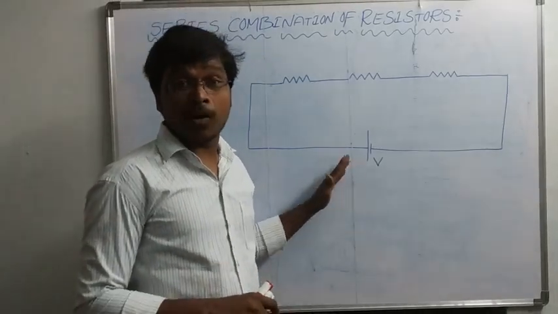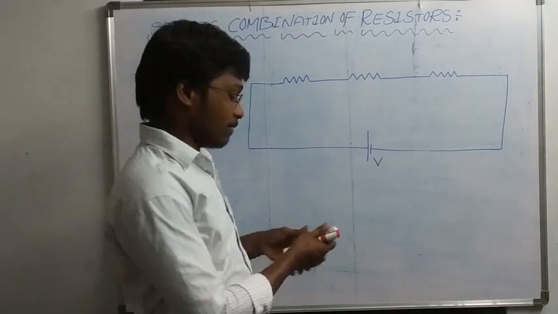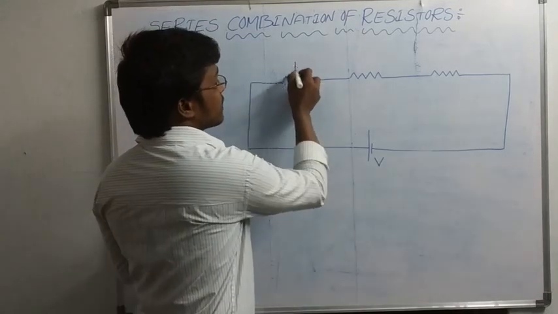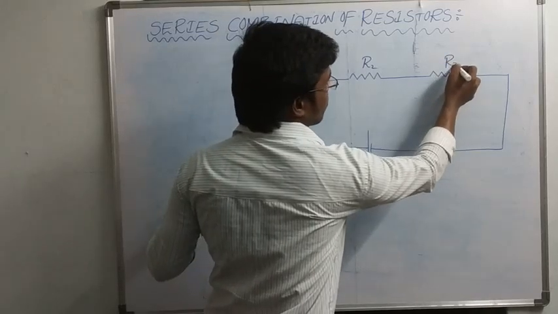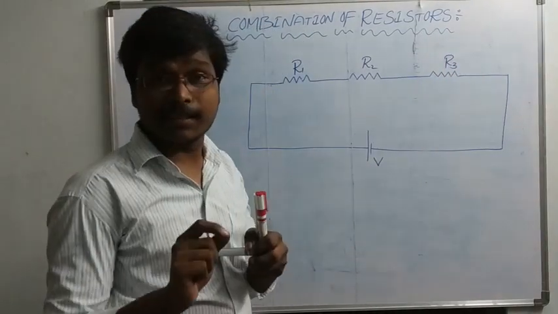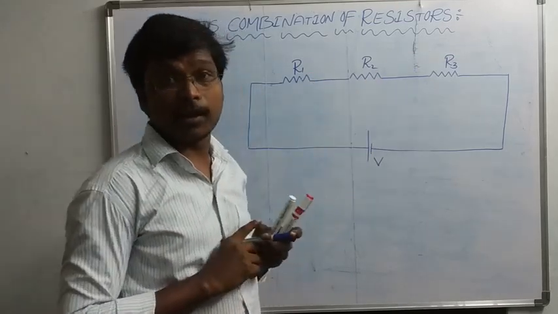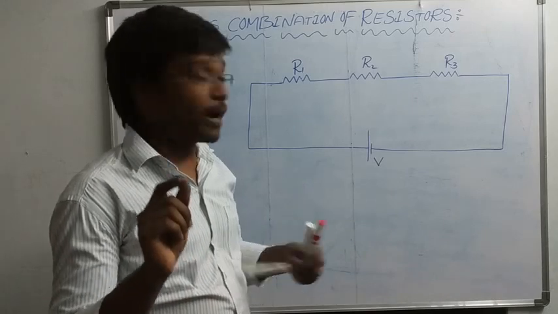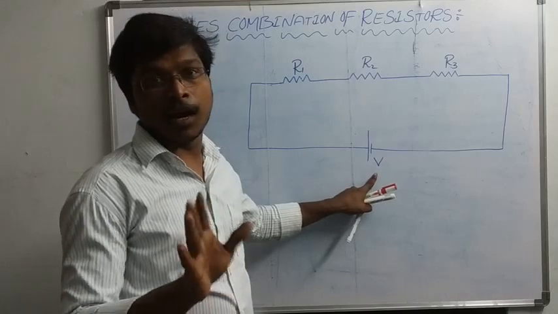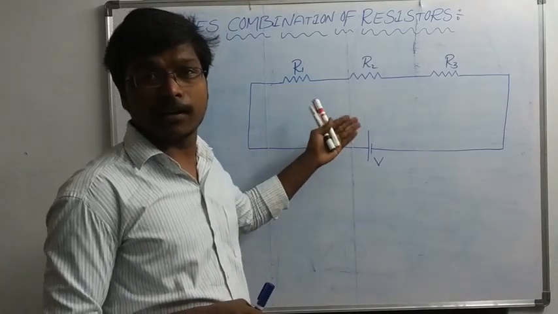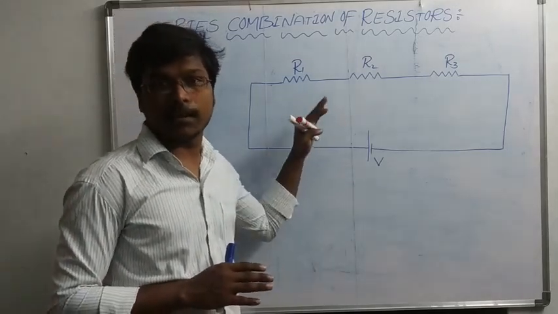The resistances of these resistors are R1, R2, R3, and the voltage of the battery is V. These 3 resistors are connected in a series format.